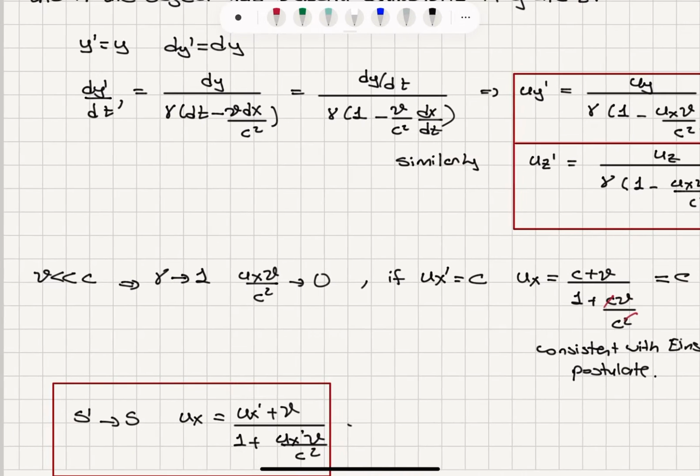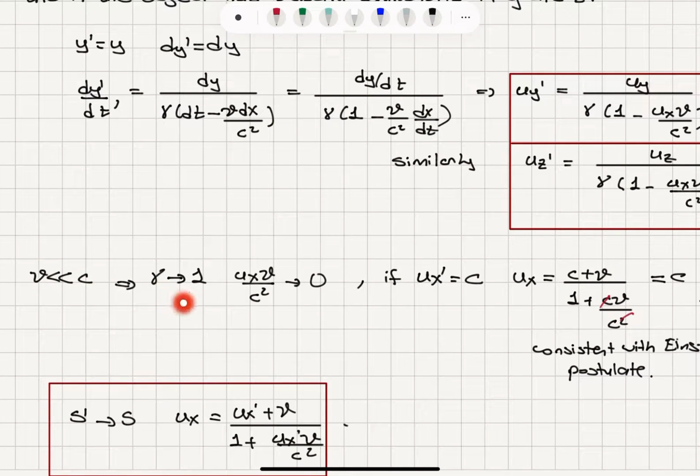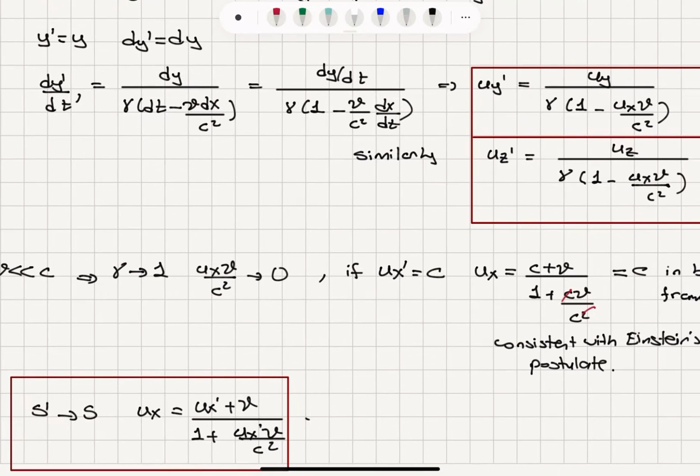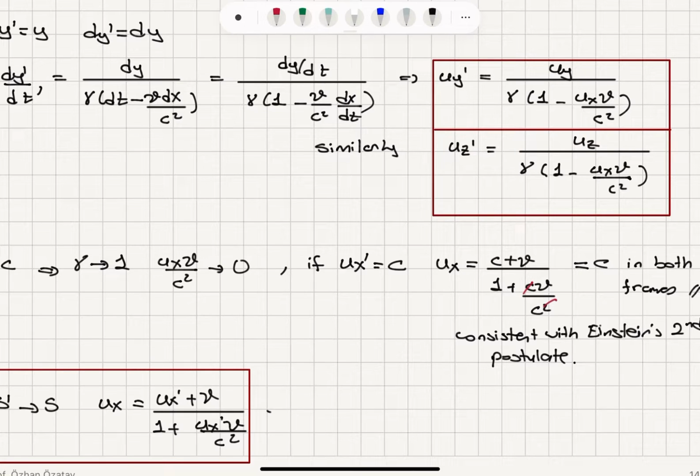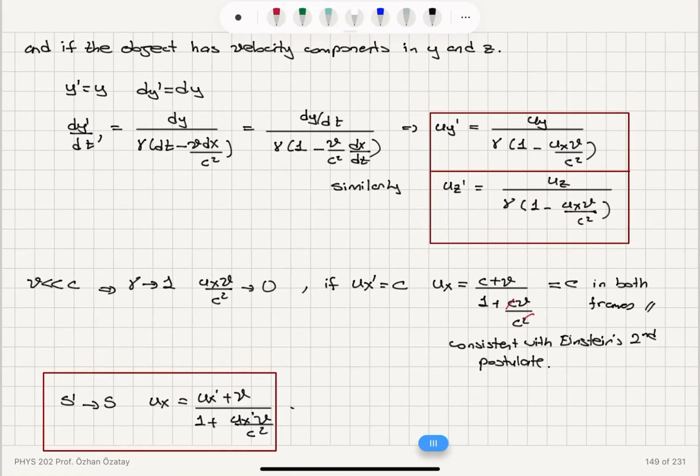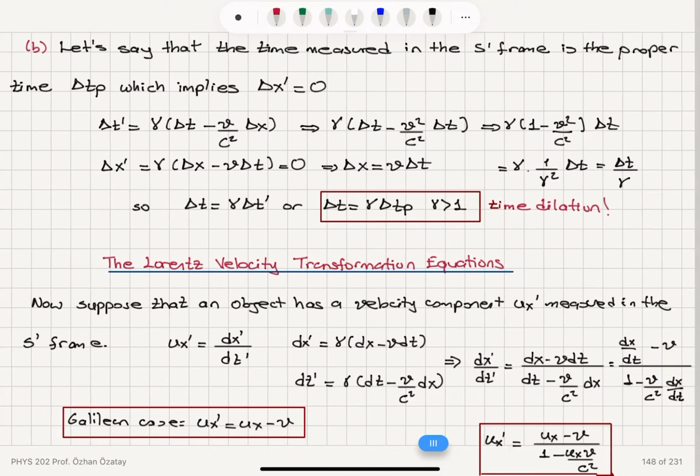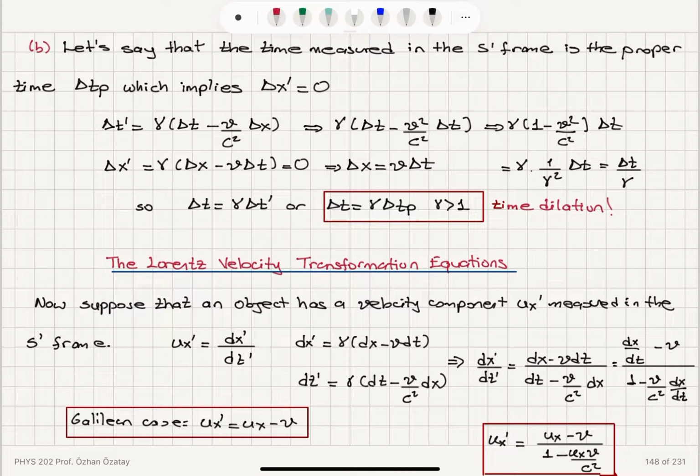Alright, so when v is much less than c, gamma is going to become 1, and ux v over c squared is going to become 0. And if ux prime is equal to c, so if it's light that we're observing in the S prime reference frame, then using the transformation from S prime to S reference frame, we would have to make this a plus here, and so we would have to change the primes.